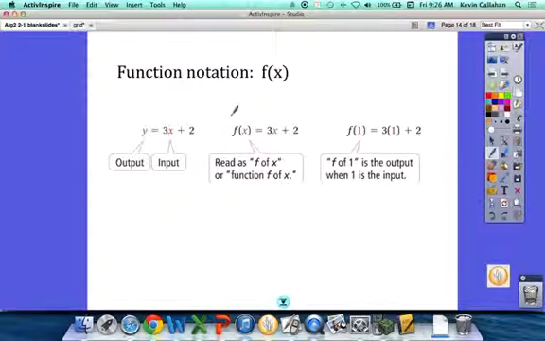So you write it like this, f, parentheses, x, and parentheses. And you read it like f of x. But you're going to think of f of x as y. It's the same thing. y equals 3x plus 2. f of x equals 3x plus 2, same thing.